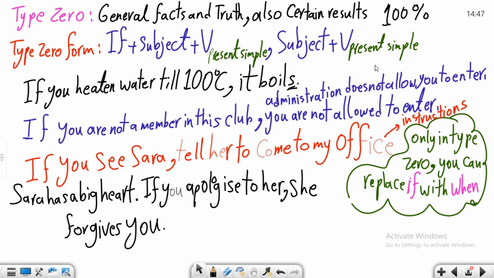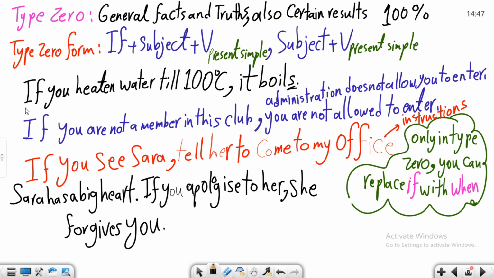We discussed this matter before, and we said that we use present simple when we discuss general facts, personal and scientific facts, and the truths, and also when we have 100% certain results. So let's take examples, and the examples will elaborate these points.